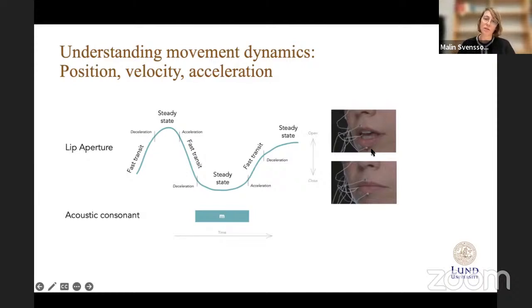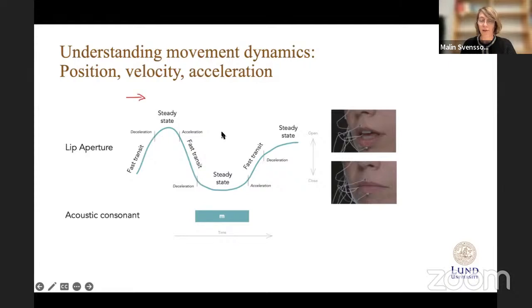And EMMA, it's short for electromagnetic articulography, which is a method to get position and time data of the articulators. Both the ones we can see, such as the lips, together with the ones we can't see inside the oral cavity. So we have the distance between these two sensors, meaning the lips are either open during the vowel or they are closed during the constriction. And here it is a bilabial segment, M.